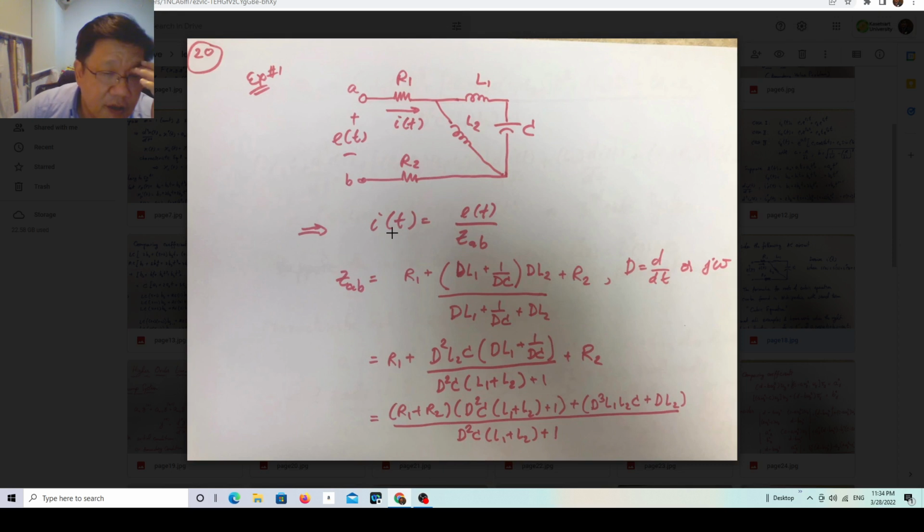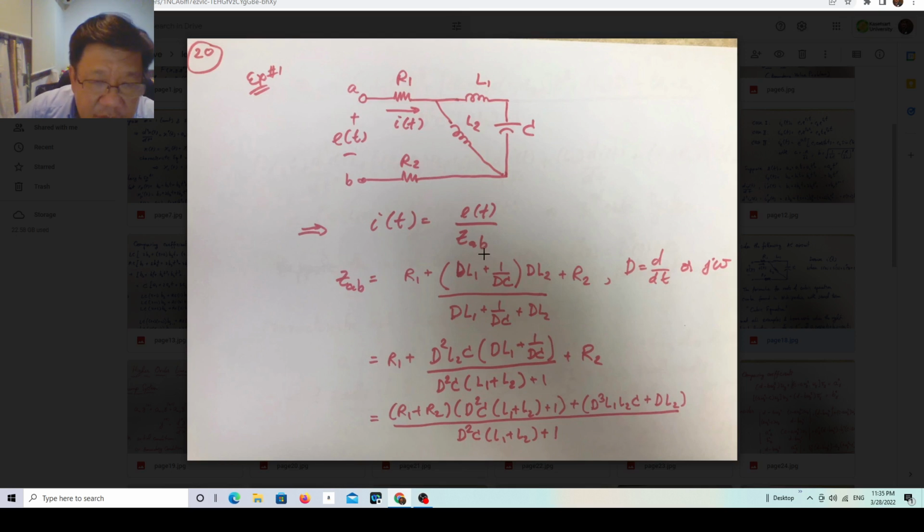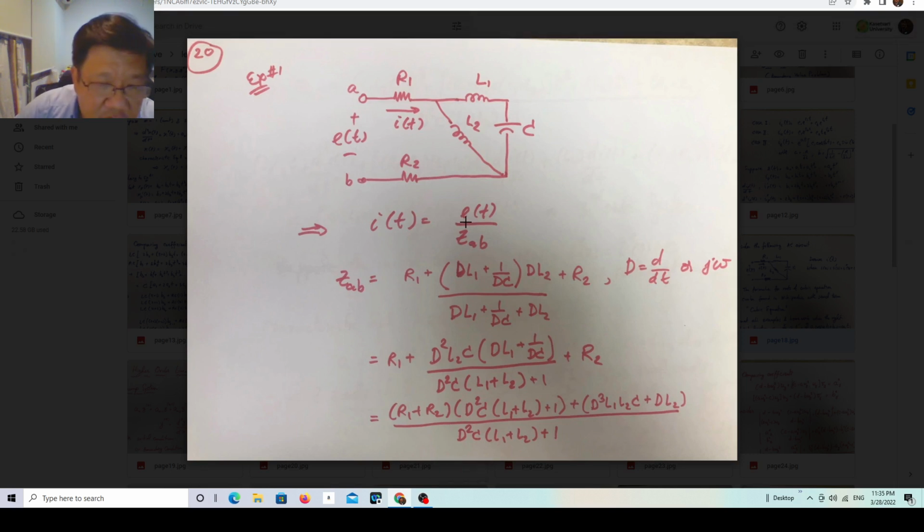The function of I with respect to t will be equal to E of t, the input voltage over time, divided by what we call the impedance across the pole AB here. If we are able to find the impedance across pole AB, we can substitute it into this formula and find the relationship between the current and the voltage.